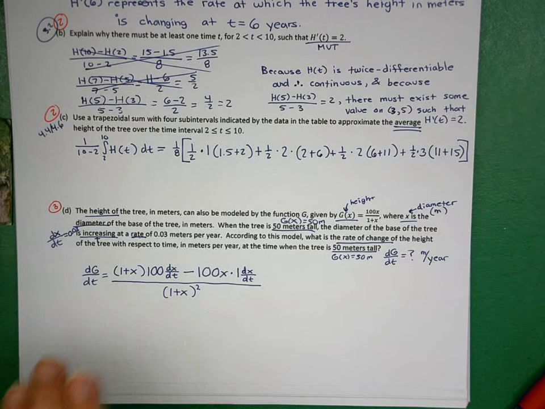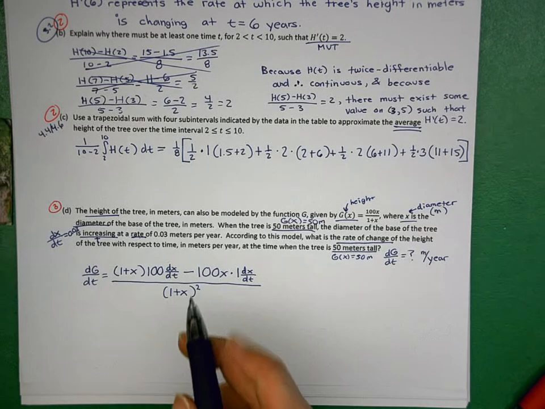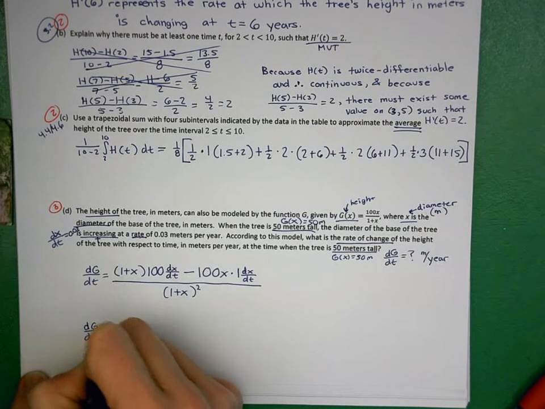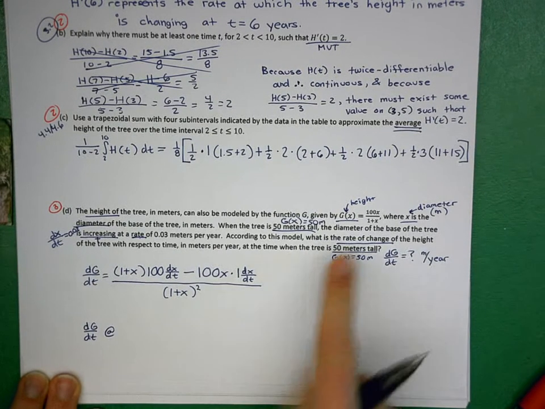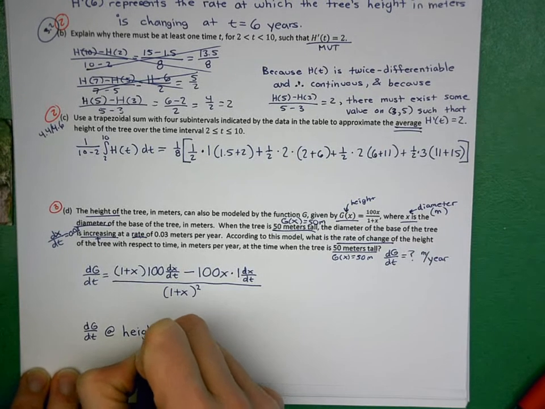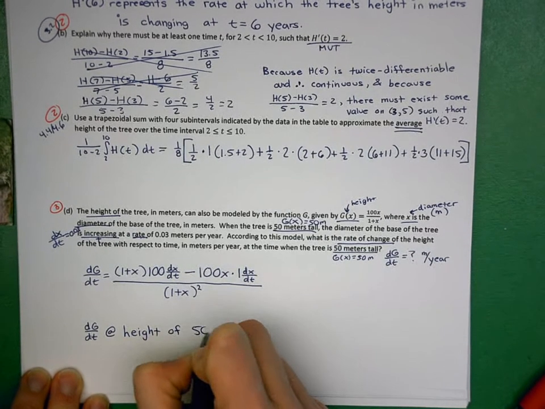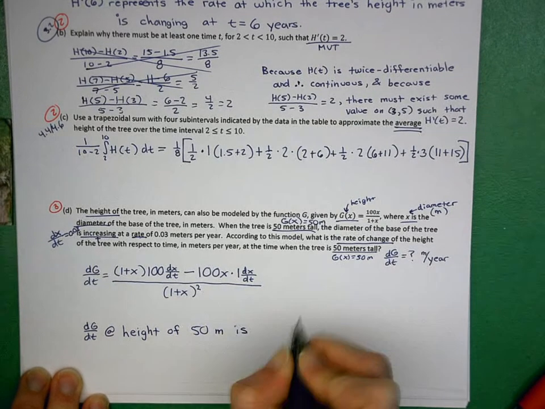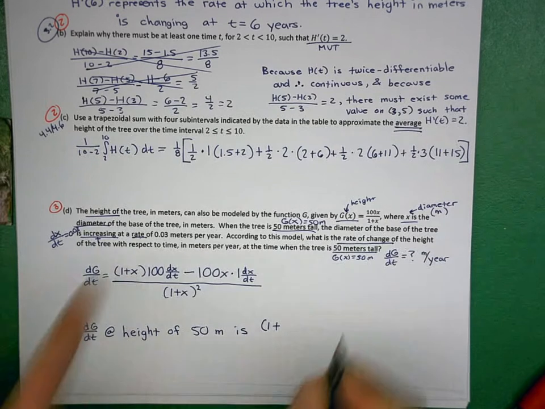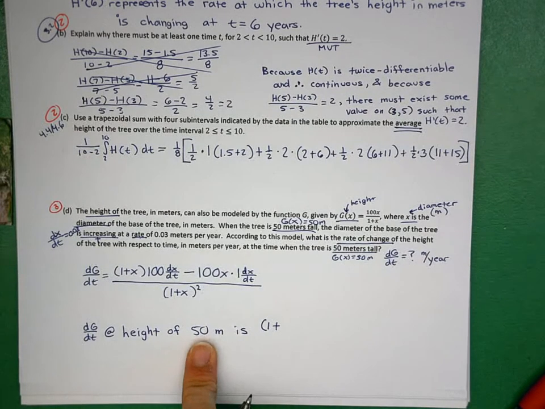And so this last point, in my opinion, is one of the trickiest ones of this problem because my x is my diameter. And so my dg/dt at the point when the tree is 50 meters tall, at height of 50 meters, is, and then the problem is that 50 does not go into my x's spot. My tree is 50 meters tall, that doesn't mean my diameter is 50 meters.